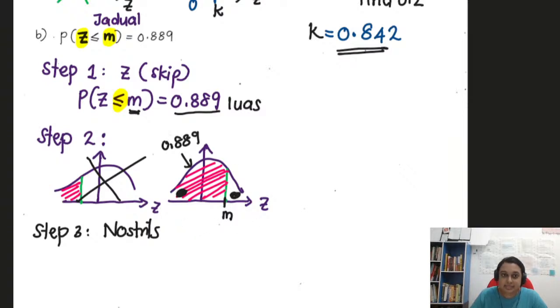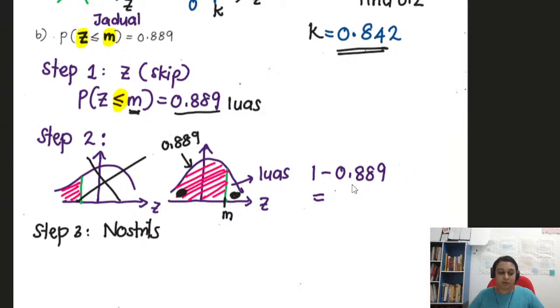Okay, so since we know already B, what you must do is cari the luas for this. Find the area for that. How to cari? Take 1 tolak 0.889. Take 1 because the entire thing, the luas is 1, isn't it?